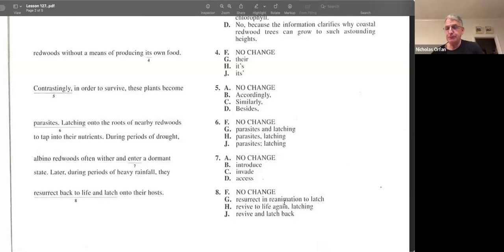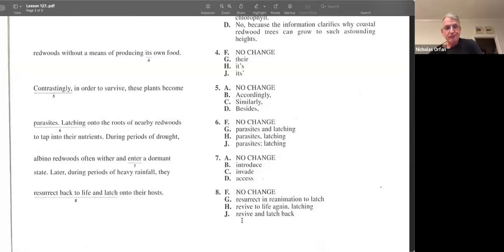Reanimation is coming back to life. Resurrect is coming back to life. Revive to life, again, redundant. They revive, that's enough. They revive and latch. But you don't have to say revive to life. You're being redundant. Oh, here we go. Revive and latch back onto their hosts. So here you don't have a repetition of that idea of resurrection or reviving. So the only right answer to 8 would be J.